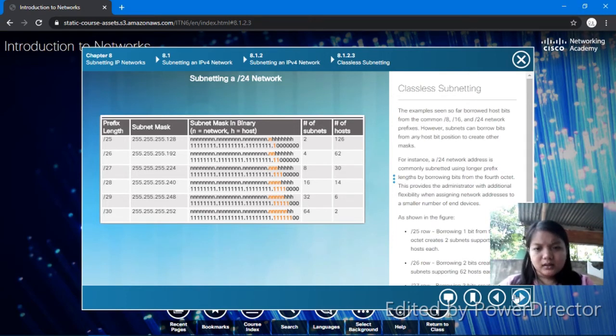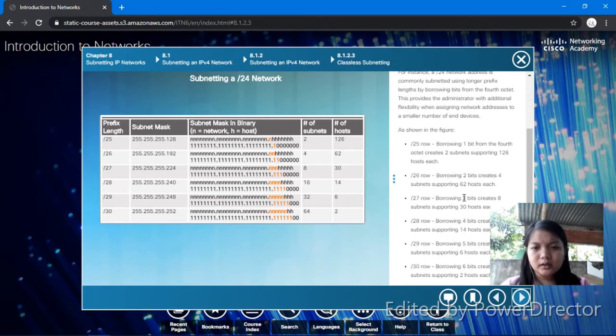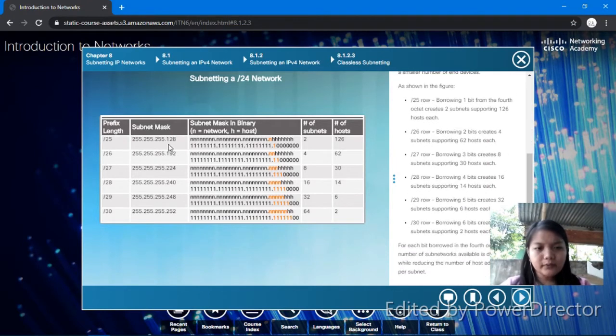Classless subnetting. As shown in the figure, the slash 25 row borrowing 1 bit from the fourth octet creates two subnets supporting 126 hosts. Then the second one is the slash 26 row, borrowing 2 bits to create 4 subnets supporting 62 hosts each.